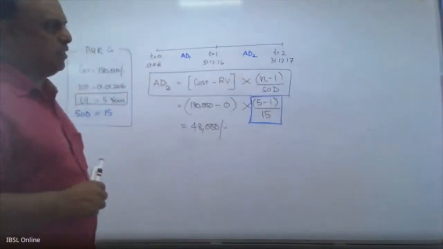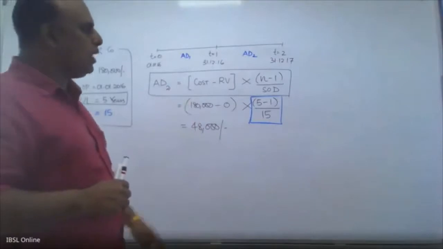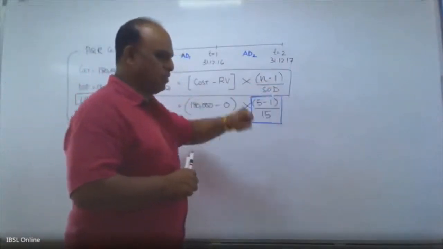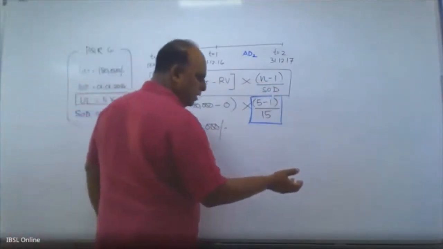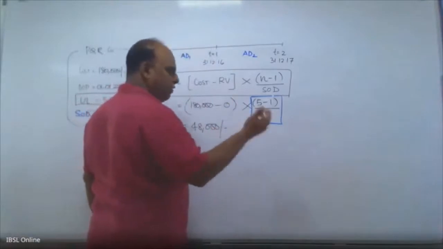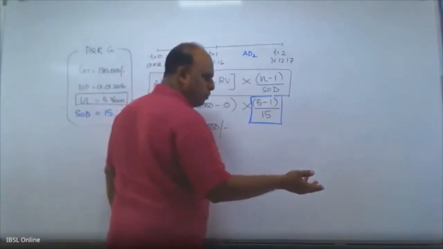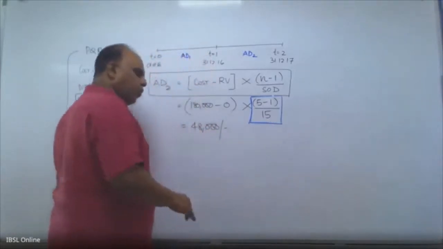So if I go to the third year, it will be n minus 2 divided by sum of digits. So the next year n minus 3, after that n minus 4. Thereafter you can't go to n minus 5 because it will be 0. So up to n minus 4 it will go.